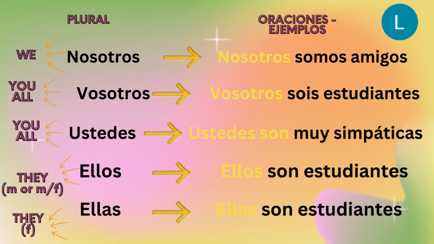Let's now take a look at the plural side of the personal pronouns. Nosotros. Notice how I'm using only the male version or male and female version together in the nosotros and vosotros form. But don't forget that we have one for just females.